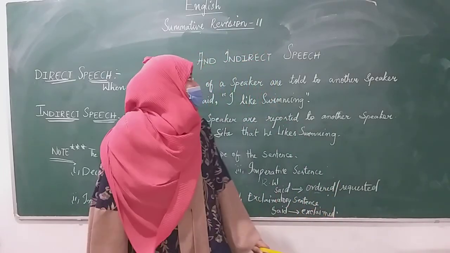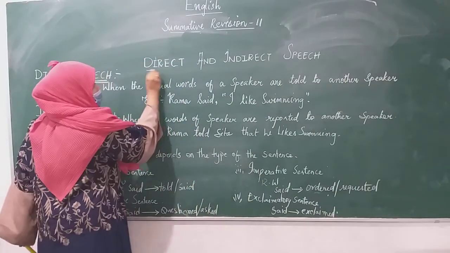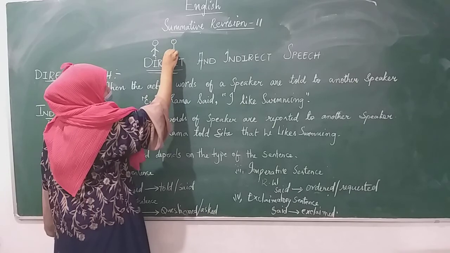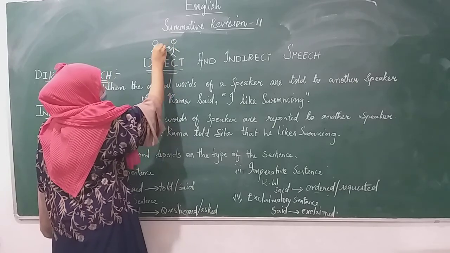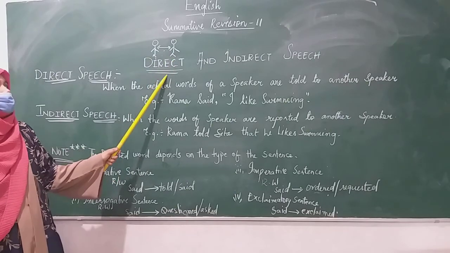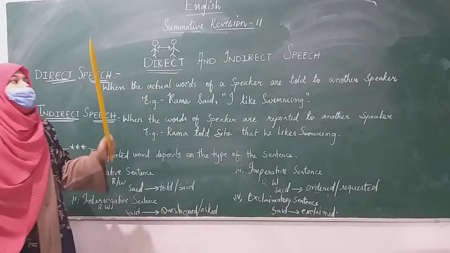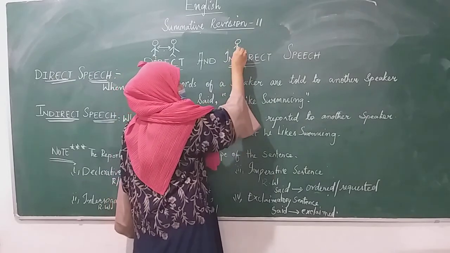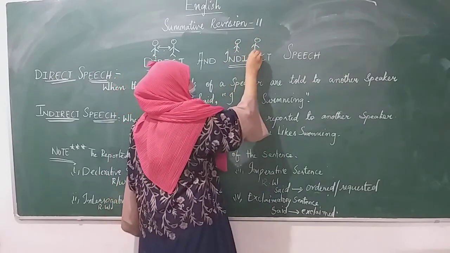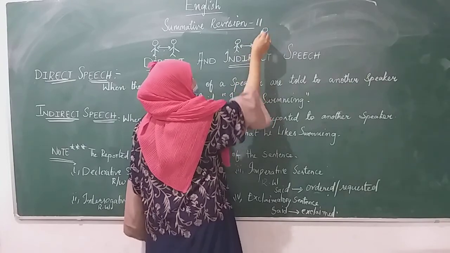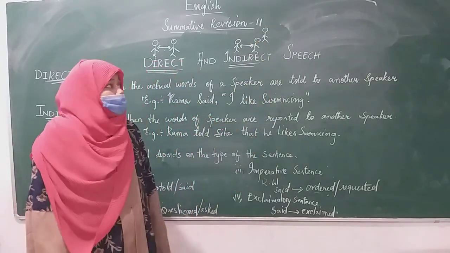Direct speech is nothing but when, suppose, two persons are talking to one another. If they are exchanging words between one another, that is called direct speech. And indirect speech is when two persons are exchanging their words regarding a third person who is not here.